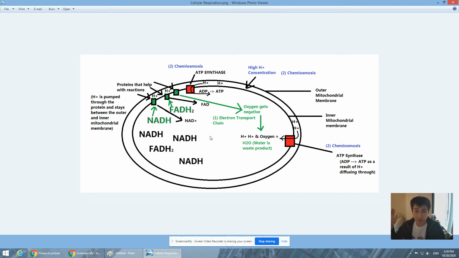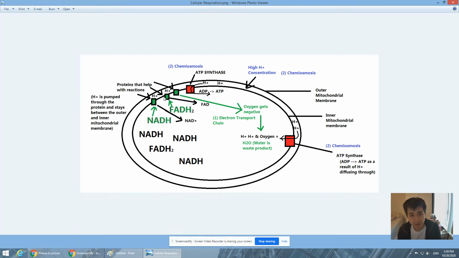Now you might be wondering, well, what's the whole point of transferring these electrons? Only to form water, and water is a waste product. We didn't make ATP. So while it was releasing those electrons, the NADH and FADH2 was also releasing H pluses. So the H plus is pumped through proteins also.